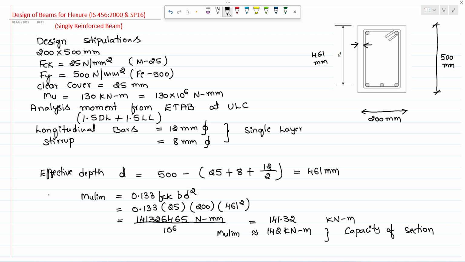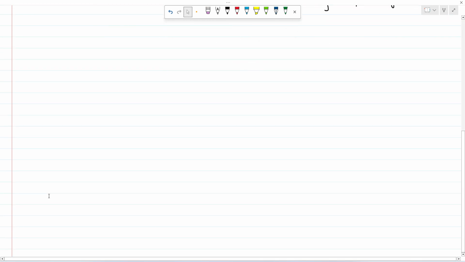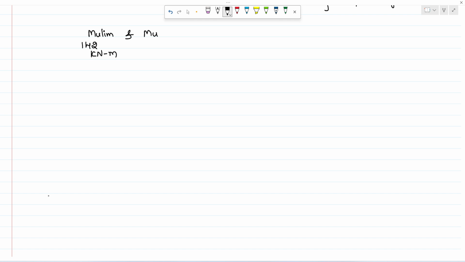In the next step, you compare Mu limit and Mu. Here Mu limit is 142 kilonewton meter and Mu is 130 kilonewton meter.